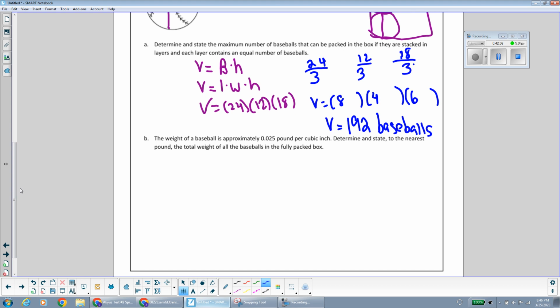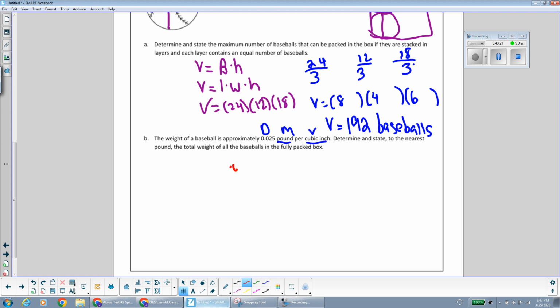The weight of a baseball is approximately 0.025 pounds per cubic inch. There are 2 units here. So this is the density, mass unit, and volume unit. Determine and state to the nearest pound the total weight of all the baseballs in the fully packed box.